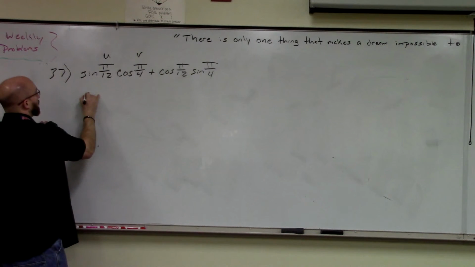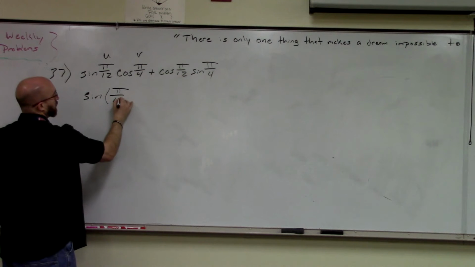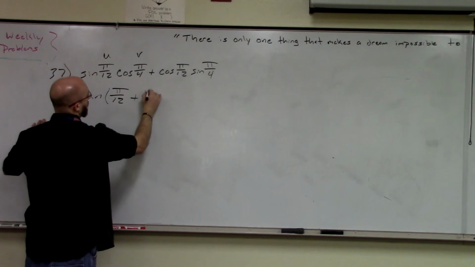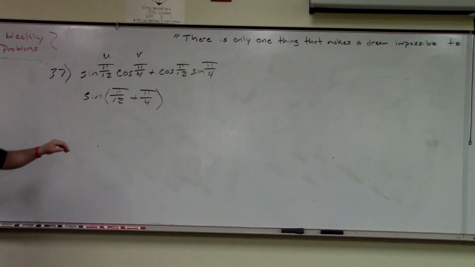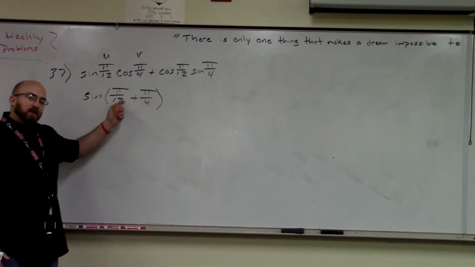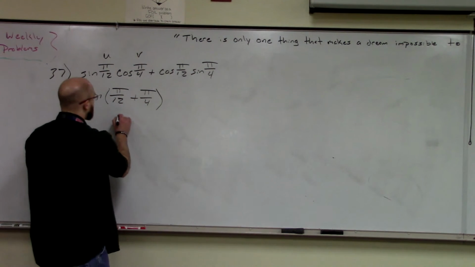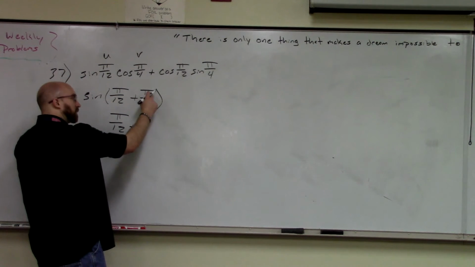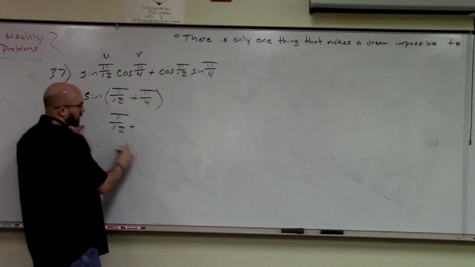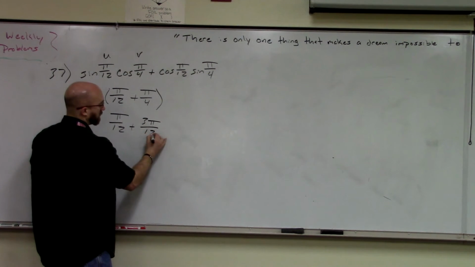So we've got sine pi over 12 plus pi over 4. If I expand this out, it would equal that. If you can't, go ahead and add those real quick. It's a fraction, so this needs to become pi over 12 plus, multiply top and bottom by 3 because we want it to be 12, 3 pi over 12.